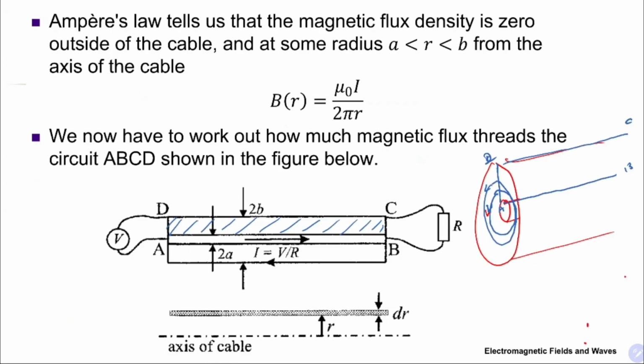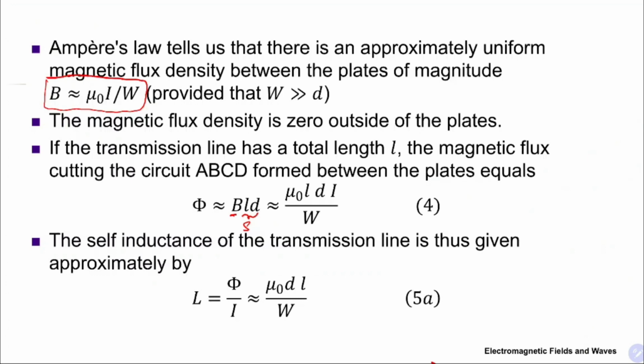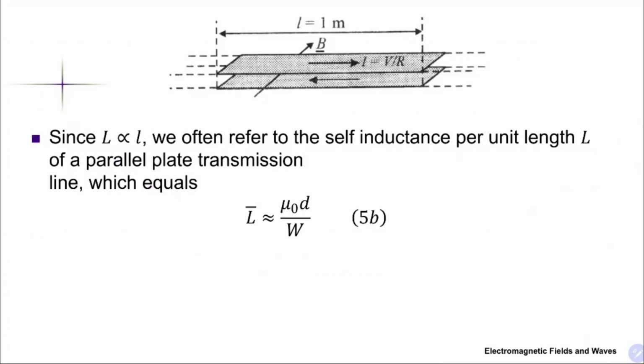Unlike in the previous example, here we simply multiply by the area, because in this case we said that the flux is approximately uniform across this space. So we can take B times S equals the flux.